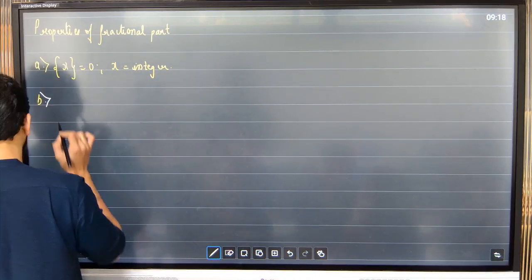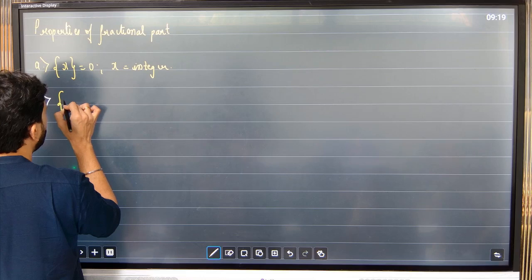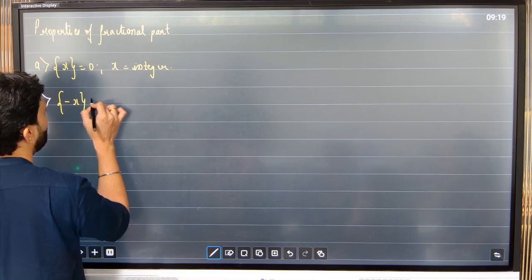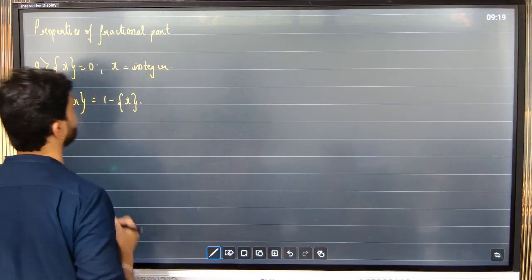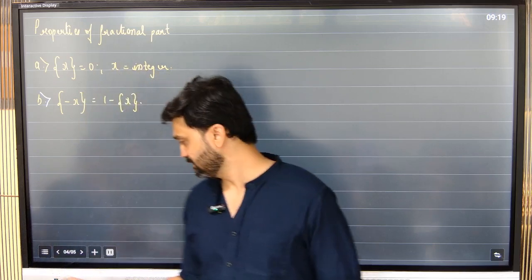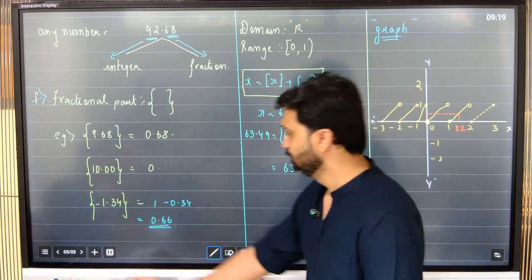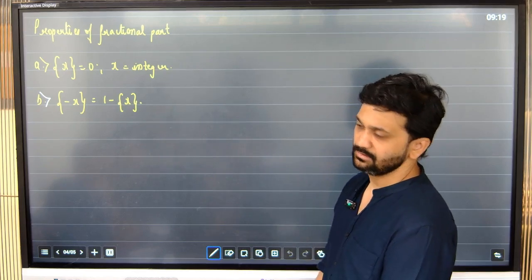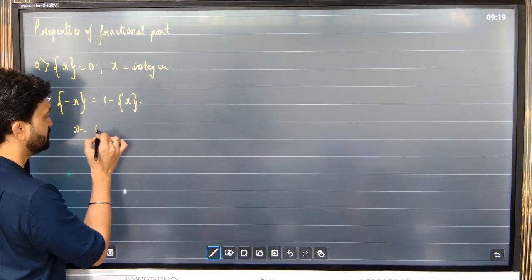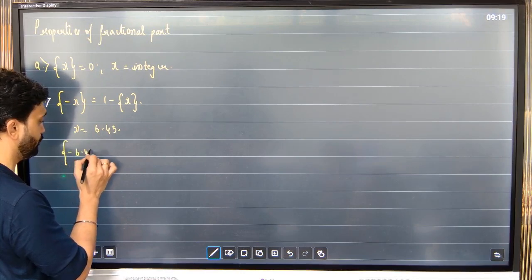सेकेंड पार्ट, fractional part of minus x will become 1 minus fractional part of x. जैसे मैंने बोला था, let's take this example. -1.34, 1 minus fractional part of 0.34. Basically, if I take x as 6.43, so ऐसा बोला कि what is the fractional part of minus 6.43?